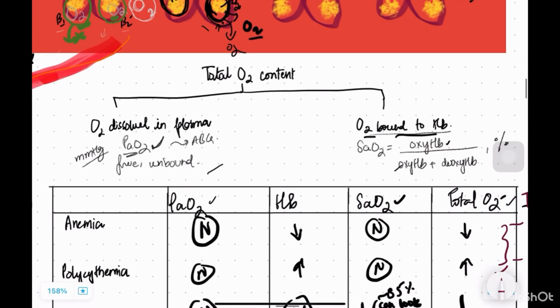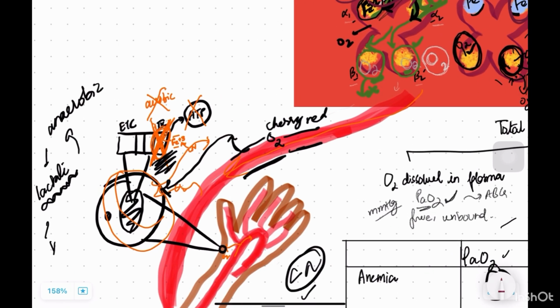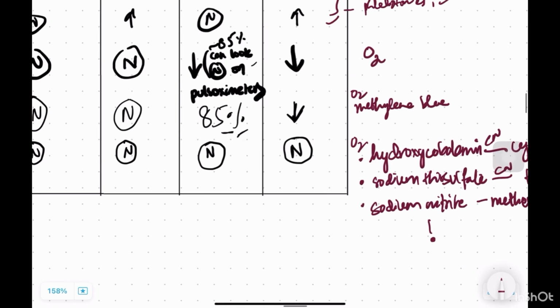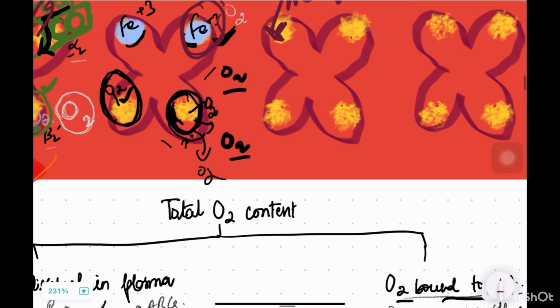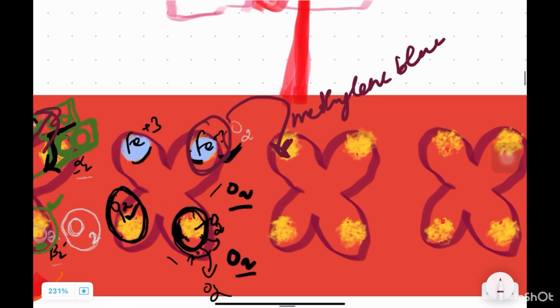Now, you remember that I told you that cyanide will bind to the ferric ion here? So there's a lot of affinity that cyanide has for the ferric ion. So when you induce methemoglobinemia, cyanide will bind here. Let me make this very clear. You are inducing methemoglobinemia here so that your cyanide combines with the ferric ion in the hemoglobin, in your blood.